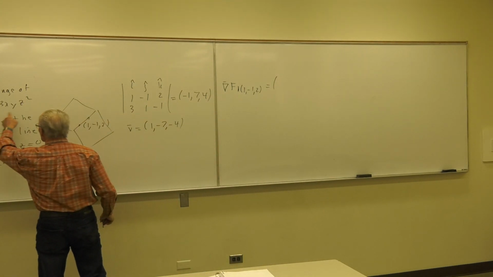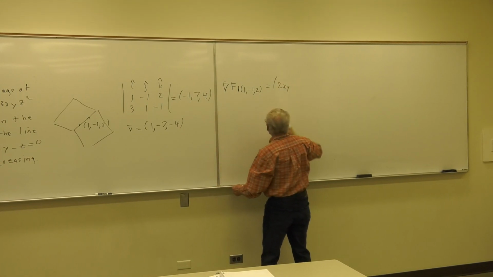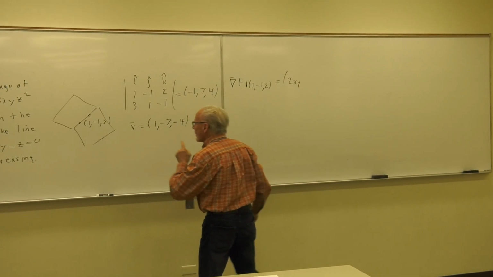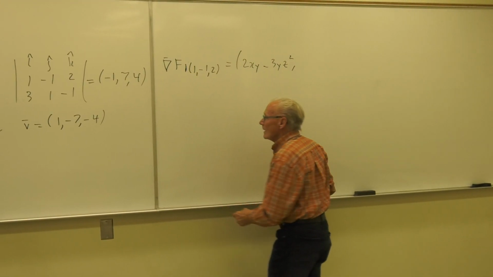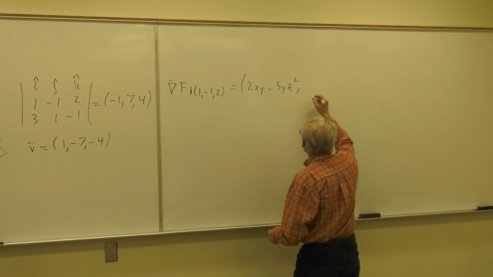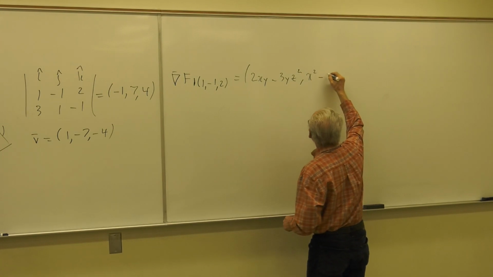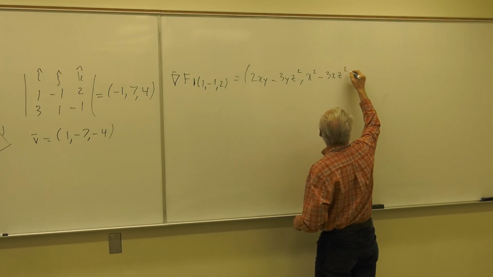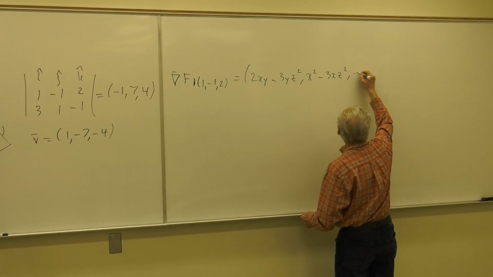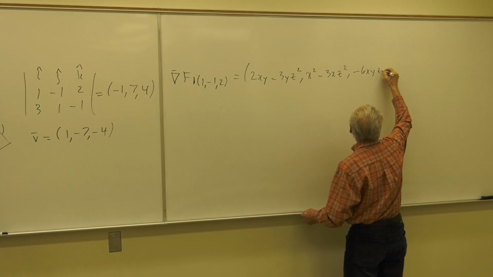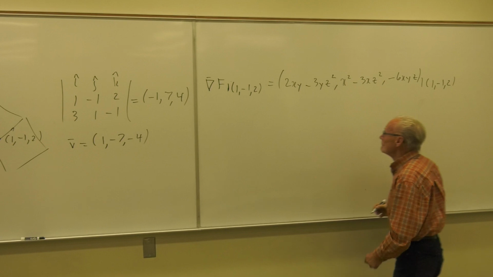Differentiating this with respect to x, 2xy minus 3yz squared. Differentiate with respect to y, x squared minus 3xz squared. Now differentiate with respect to z, minus 6xyz, to be evaluated at (1, -1, 2).